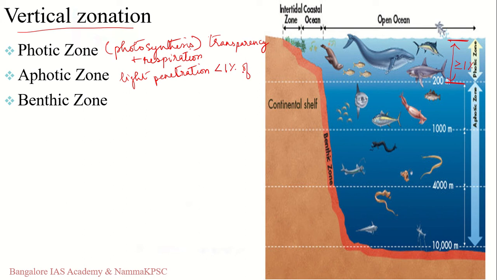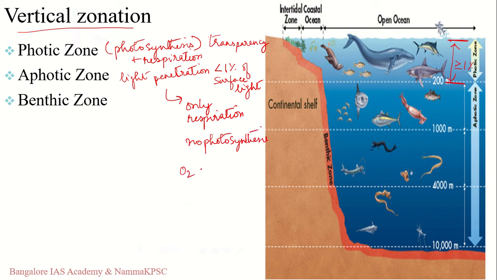Therefore, photosynthetic activity is not supported, and hence you don't have photosynthesis or the production of oxygen. But please remember, respiration will still continue, consumption of oxygen will also continue. Therefore, the aphotic zone, also known as the profundal zone, is a zone of oxygen consumption.